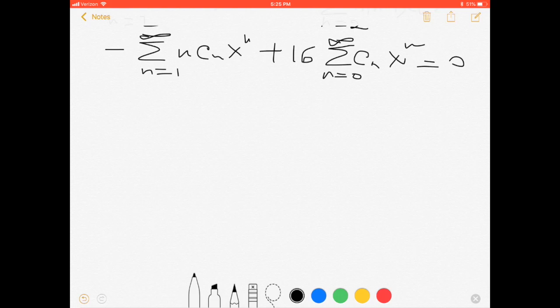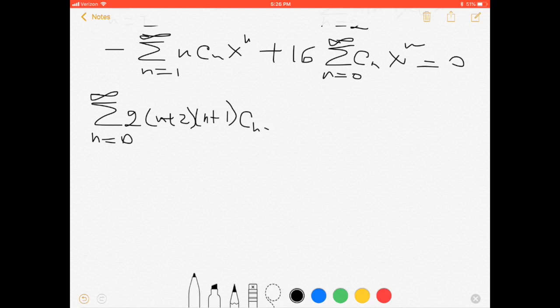We rewrite our equation like this. The first term is no big deal. You start with 0 or 2. If you start with 0, the first term is 0, so nothing changes. The 2 I put inside: n plus 2, n plus 1, C n plus 2 index now, x to the n.